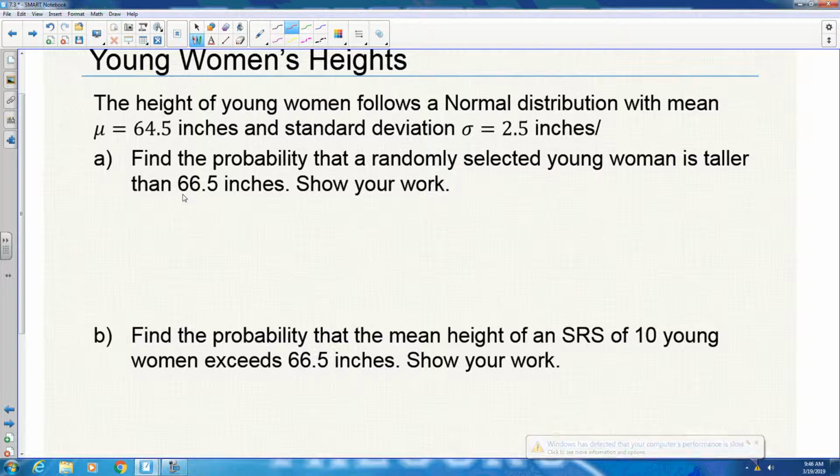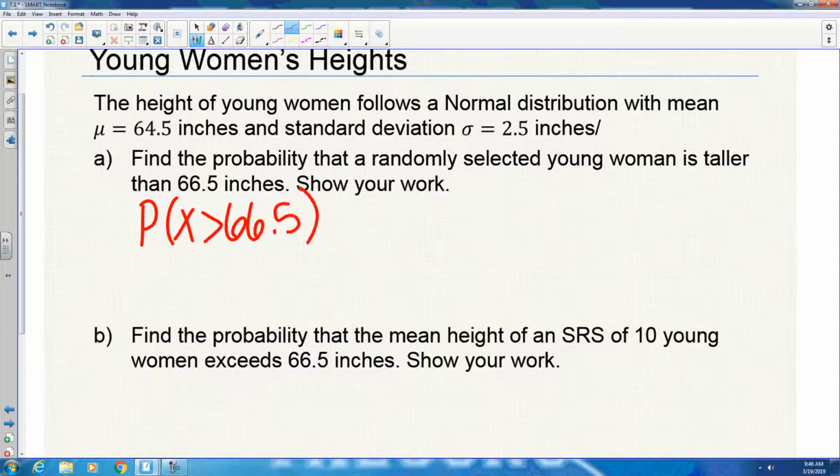So what we have to do is take the statement they're asking us, find the probability that someone is taller than 66.5 inches, and convert that to a z-score. So to change the x to a z, we take x minus mu over sigma. And that information was given to us.